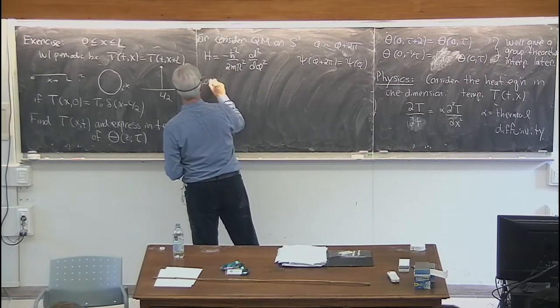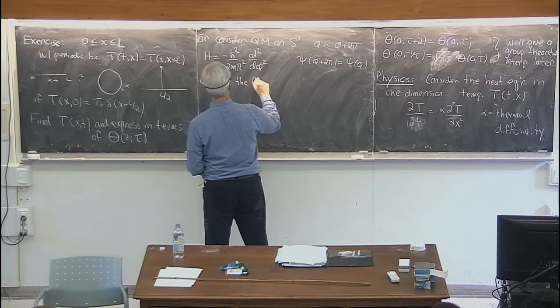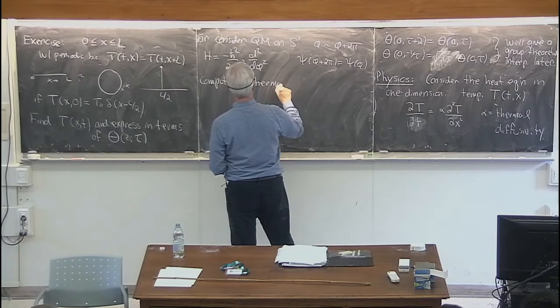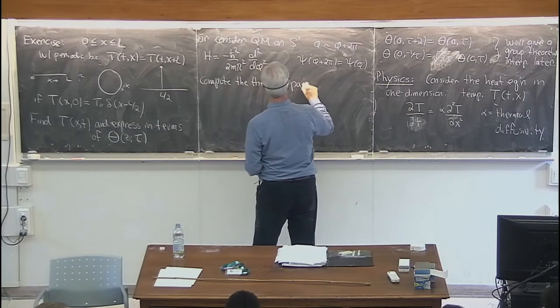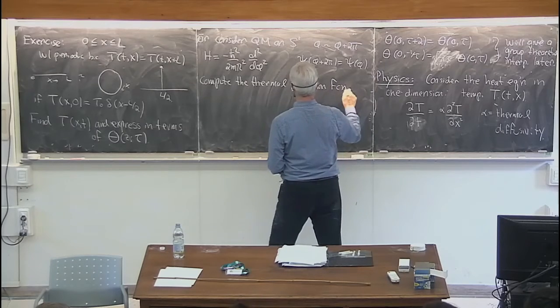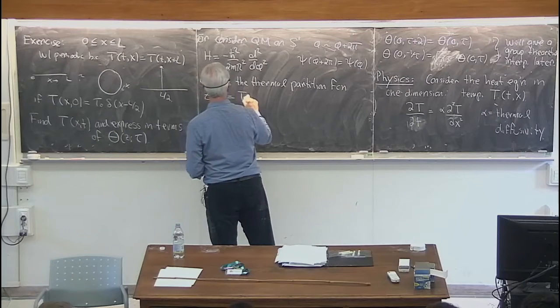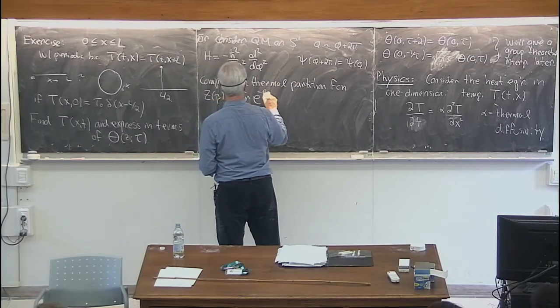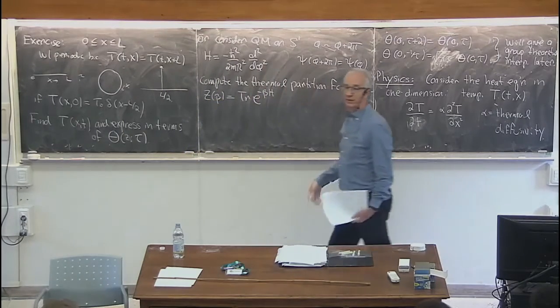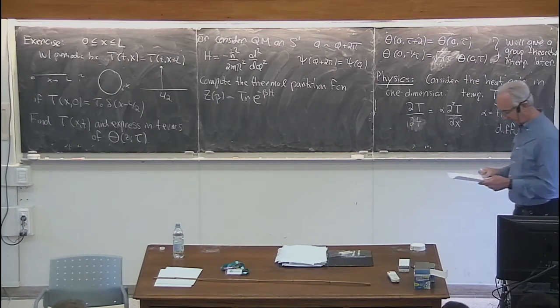And compute the thermal partition function Z of beta, which is trace e to the minus beta H, which tells us the finite temperature behavior of this simple quantum mechanical system, which is just a free particle moving on a circle of radius r.